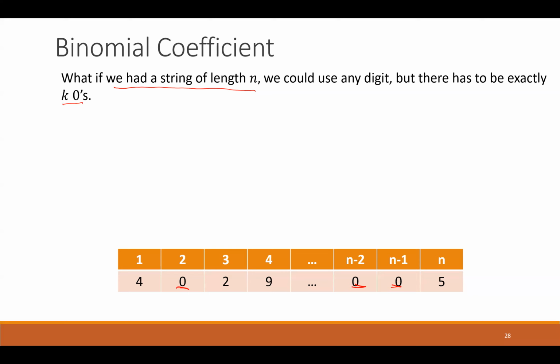So I'm going to use, again, the product rule and some of the things that we know. The first thing we want to do is choose the locations for the zeros. We're going to choose k locations for our zeros. There are n choose k ways to do that. And this is perfect because wherever I put the zeros, the order doesn't matter. So this is a perfect application of binomial coefficients.